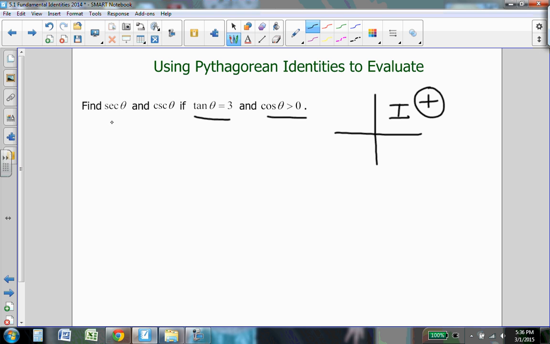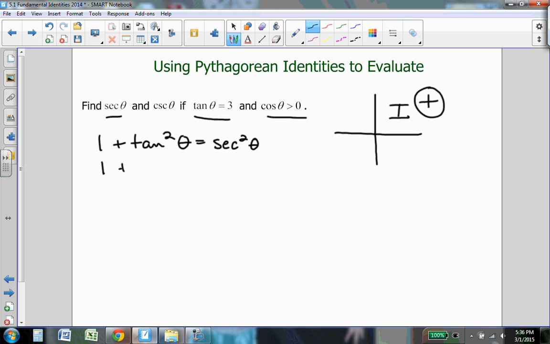If we are looking for secant and we already have tangent, then a really great tool to use is one of the Pythagorean identities: 1 plus the tangent squared is the secant squared. And you may want to have the other identities close by so that you can look at them.